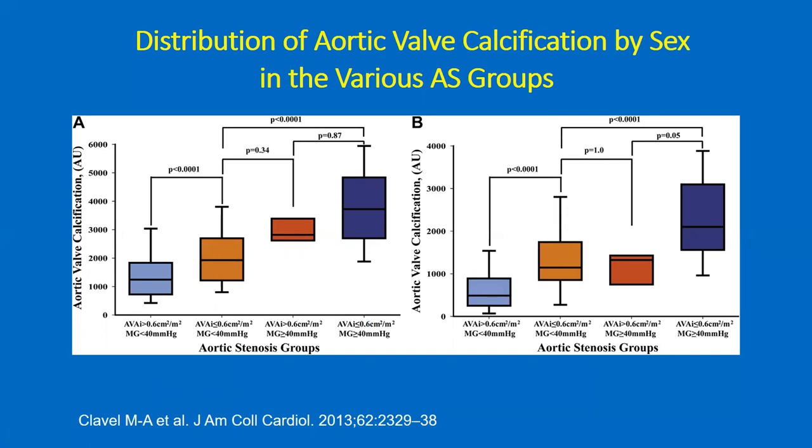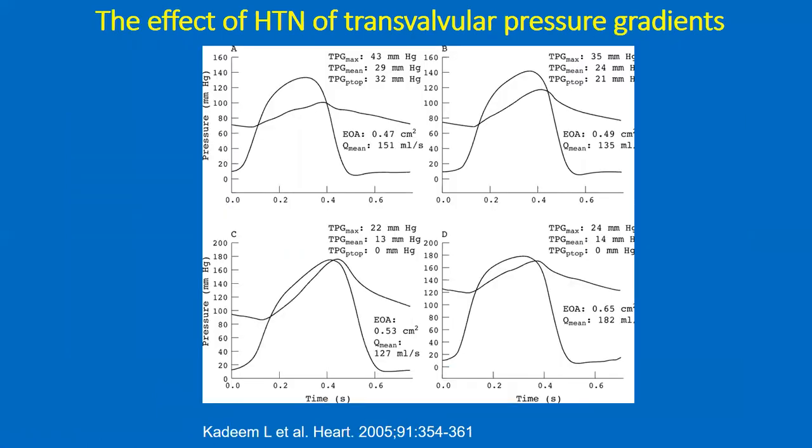In those who have paradoxical low flow, low gradient aortic stenosis, the calcium score is less, but its value is still present when one wants to validate the impression of severity as it results from the echo Doppler evaluation.